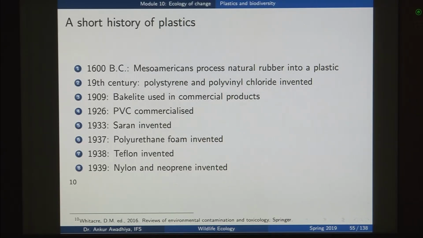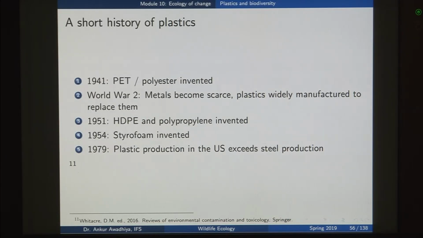Then in the 20th century, in 1909, bakelite was used in commercial products. By 1926, PVC was commercialized, then saran was invented, then polyurethane foam, then Teflon, nylon and neoprene. So, most of the plastics that surround us were actually invented in the 20th century.